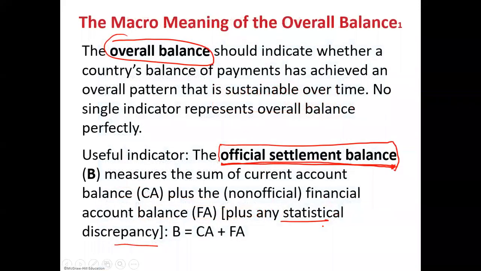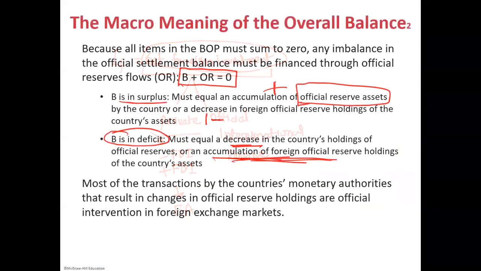Now the question is, how can we see that a country is reducing its official international reserve? Is it visible? We are claiming that when a country is in a deficit, we should see what? A country is reducing its official reserve holdings.